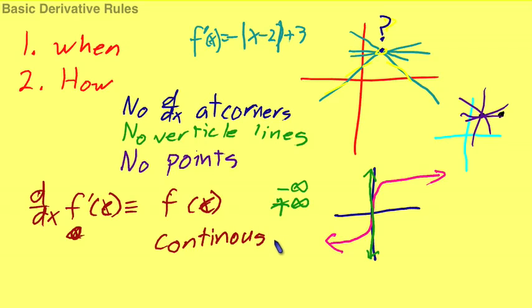I know I stumbled a little bit there, but f of x must exist at c and it must be continuous at c. Alright, so that's when you can apply the derivative.